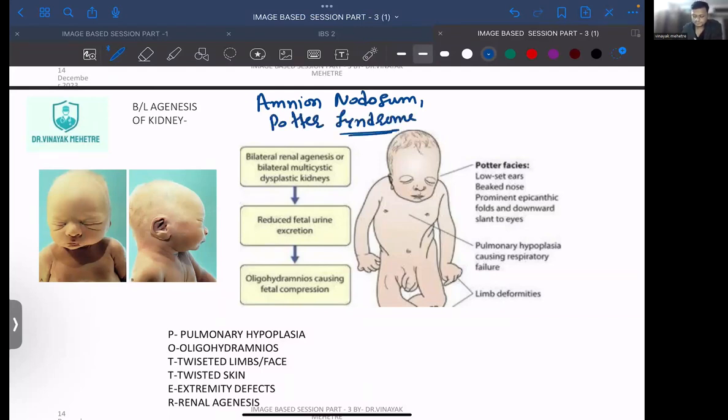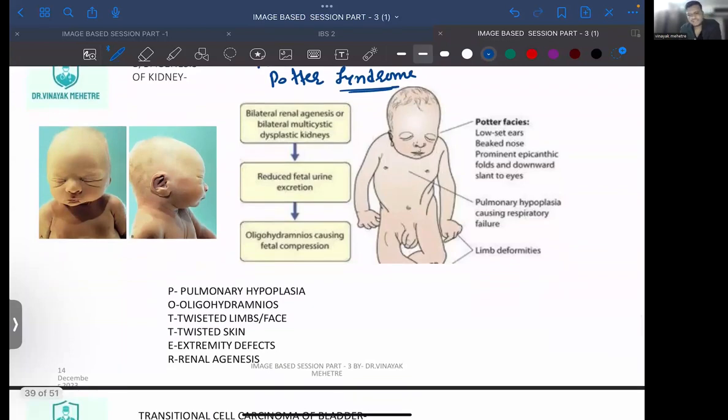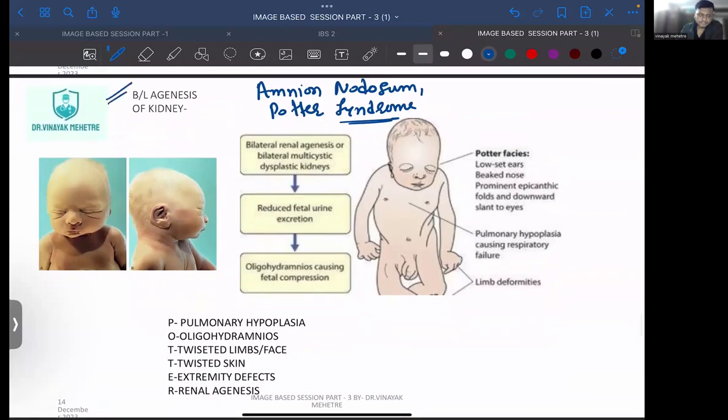Okay, Potter's syndrome. Potter syndrome can be remembered by the mnemonic, which is written in front of you. I will not waste the time. Pulmonary hypoplasia, oligohydramnios, twisted limbs, twisted skin, right? Skin will have folds, and renal agenesis. This question has been asked already.